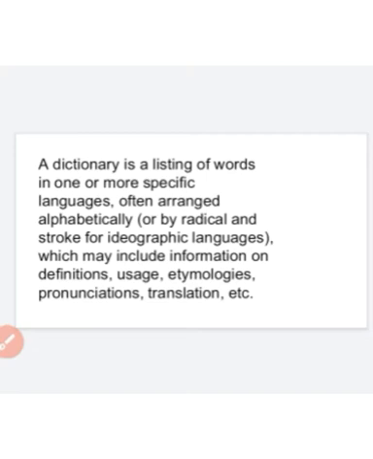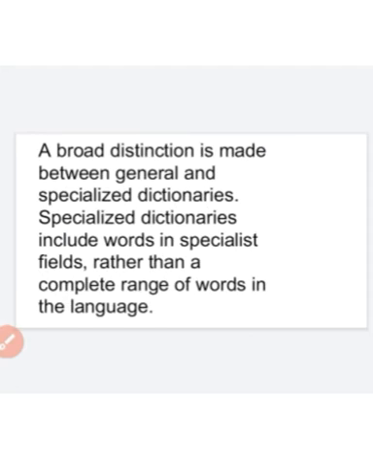Then in some cases, especially with bilingual dictionaries, like English to Malayalam dictionaries, you can see a translation of the word package into Malayalam or into Hindi. Okay, so that is a dictionary. Then a broad distinction is made between general and specialized dictionaries.